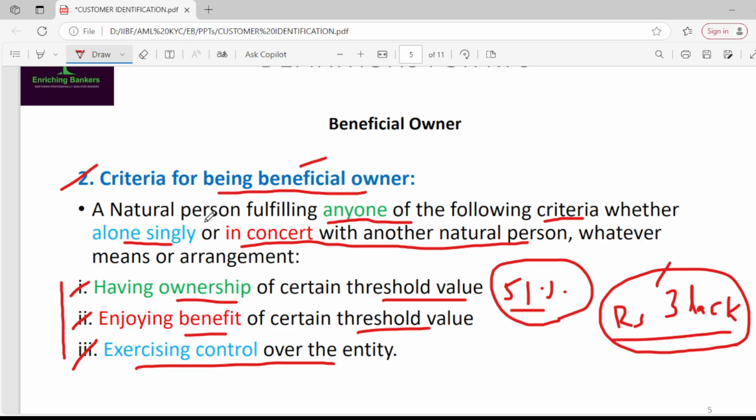A natural person who fulfills exercising control over the entity either singly or in concert with another natural person can also be treated as beneficial owner. Therefore, a natural person who fulfills any one of the following three criteria, either singly or in concert with another person, can be treated as beneficial owner.